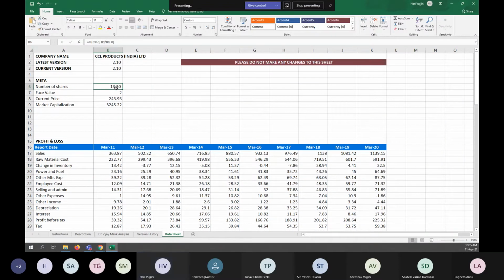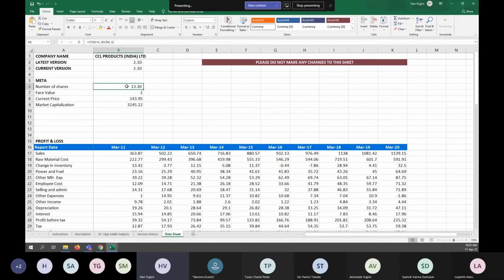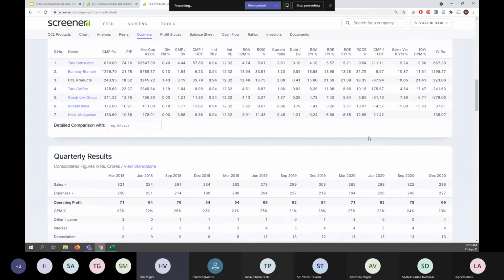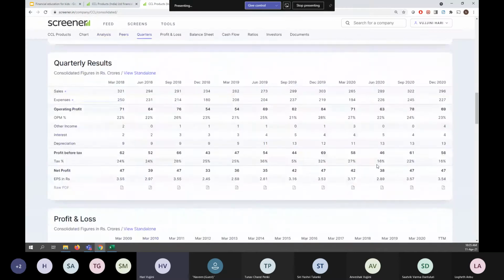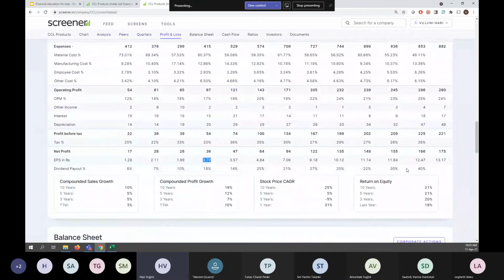These are the number of shares available in the market.